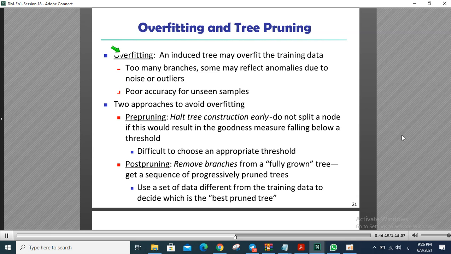Last week, when we talked about ID tree, we talked about a very important problem, overfitting. And I said that overfitting means that I'm trying to use too many training records.